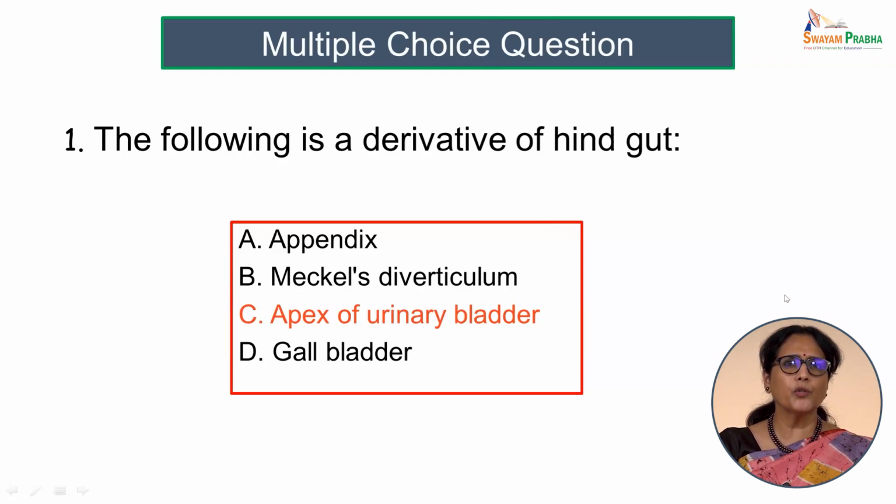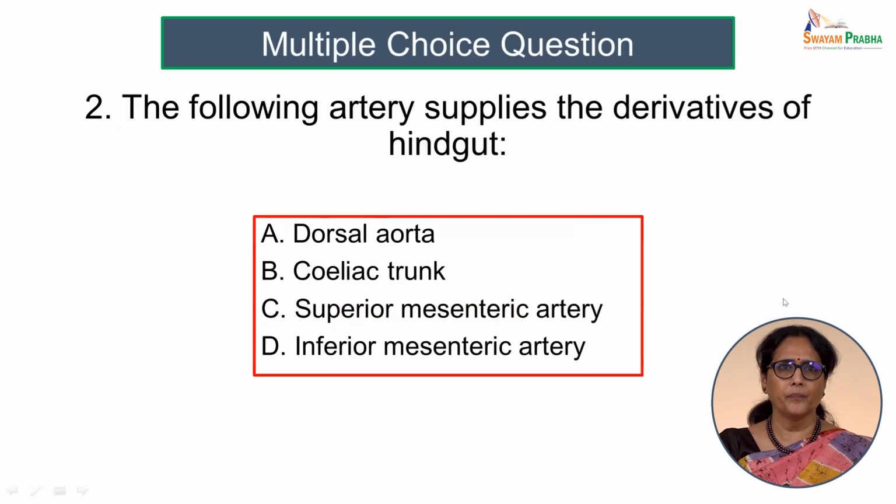We now move on to the second question. The following artery supplies the derivatives of hindgut, and the options are A. Dorsal aorta, B. Celiac trunk, C. Superior mesenteric artery, D. Inferior mesenteric artery.